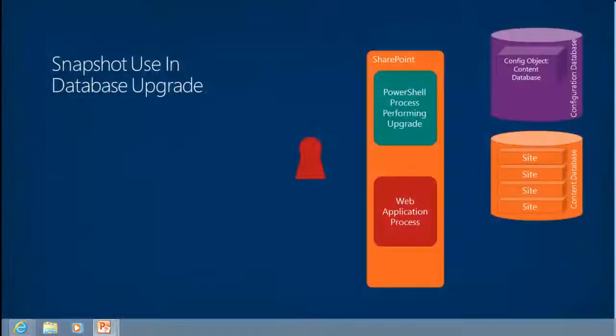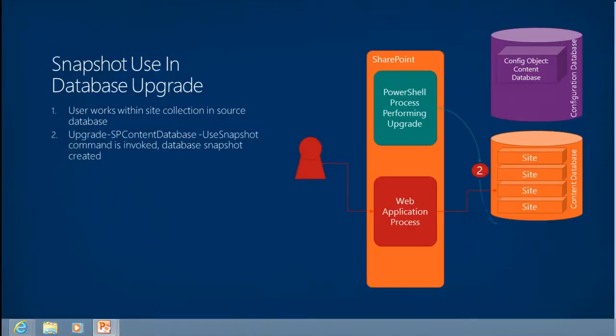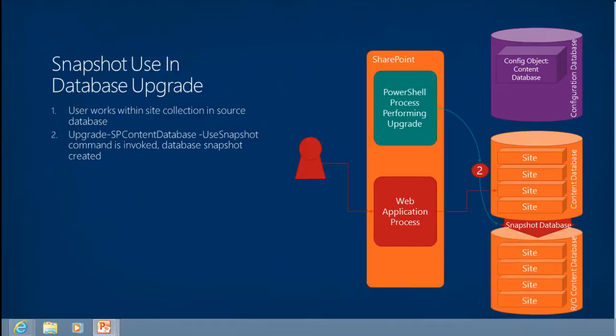So here's a quick animation for how this feature works. Users first initially working in the source database. They're making changes, they're doing stuff. The farm admin issues the upgrade using the snapshot operation, and a snapshot is created, and this is read-only.